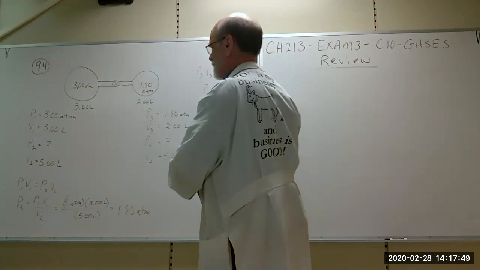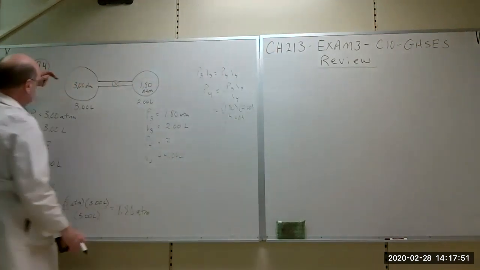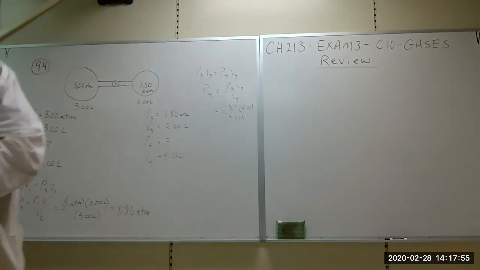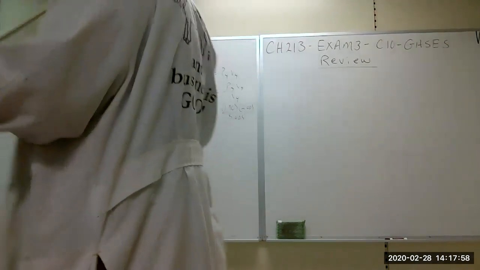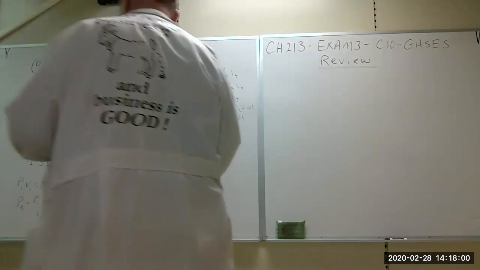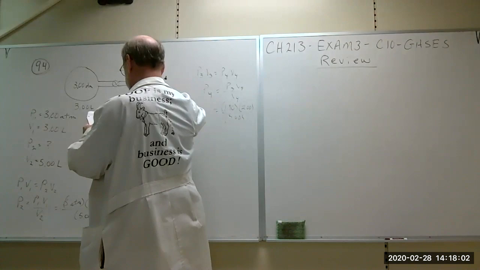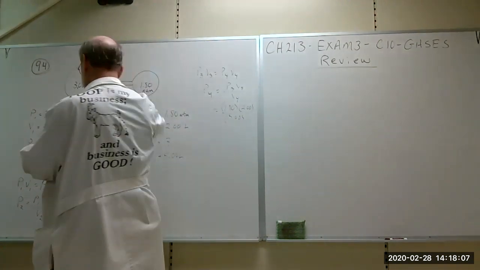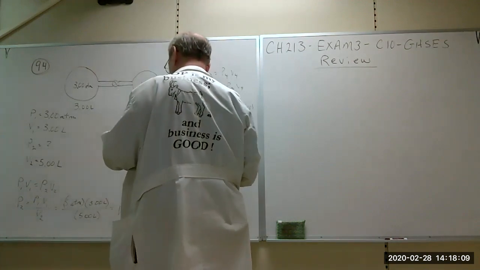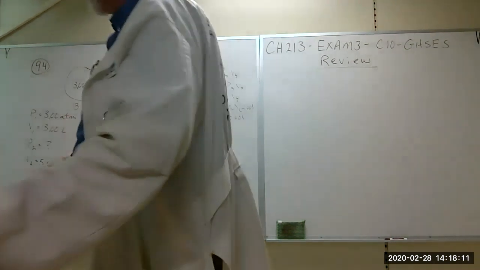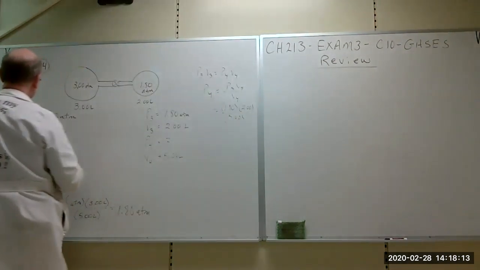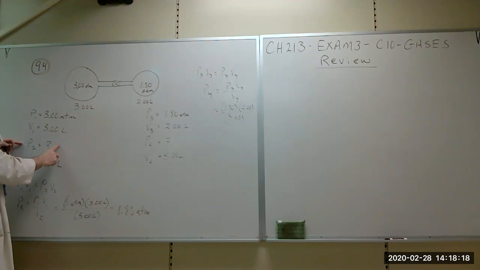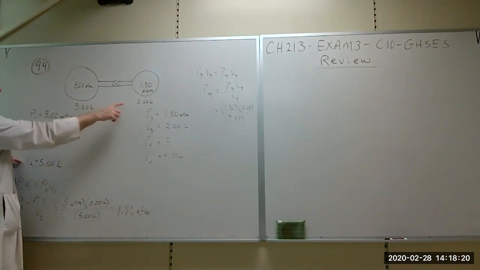I did something wrong. Let me see if I wrote it up there right. The valve between a 2-liter bulb in which the gas is 1.8 and a 3-liter bulb which has 3 atmospheres. Okay, that's right. What's the final pressure in the 2 bulbs? Okay. So the initial pressure is 3, initial volume is 3, final pressure unknown, final volume is 5.